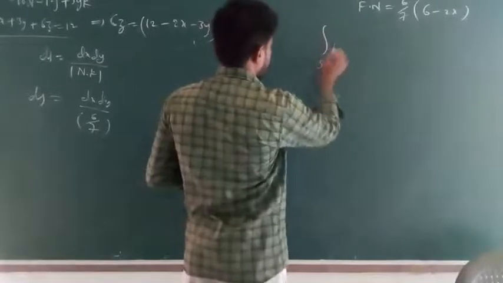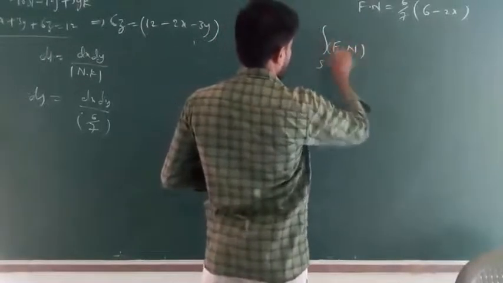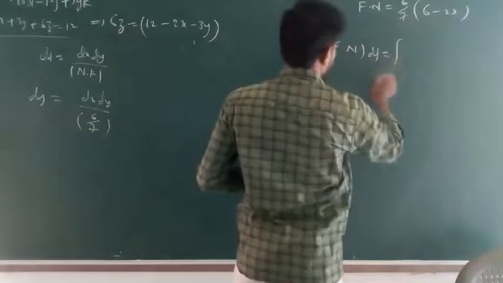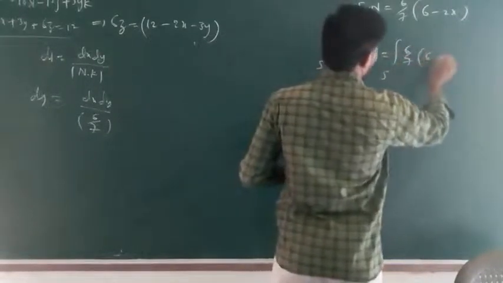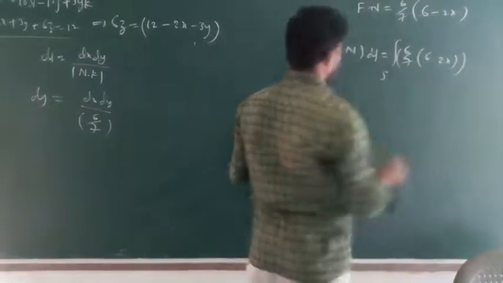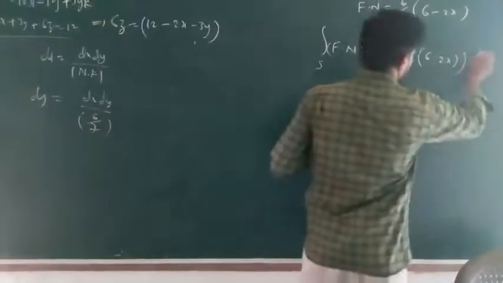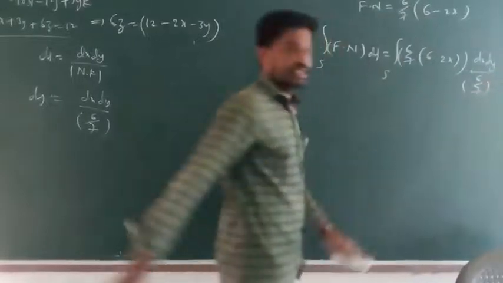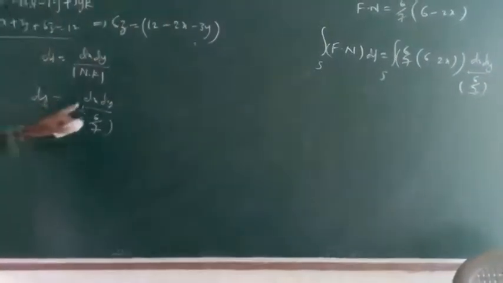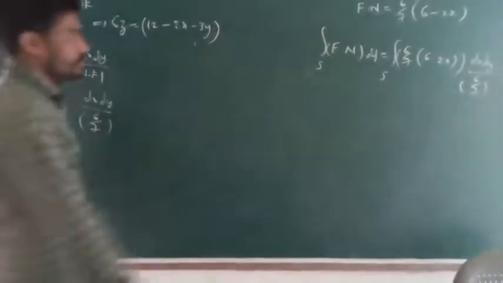So surface integration of F dot n, F dot n is 6 by 7 into (6 minus 2x), into ds, which is dx dy by 6 by 7.